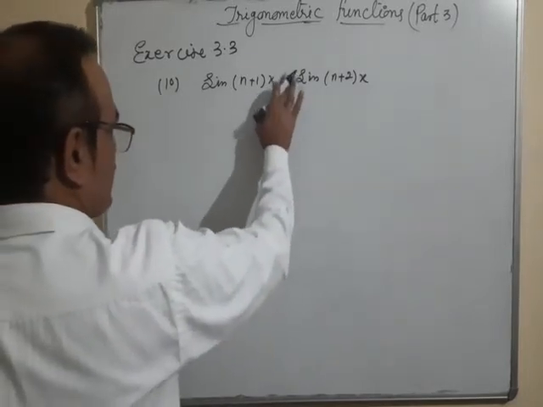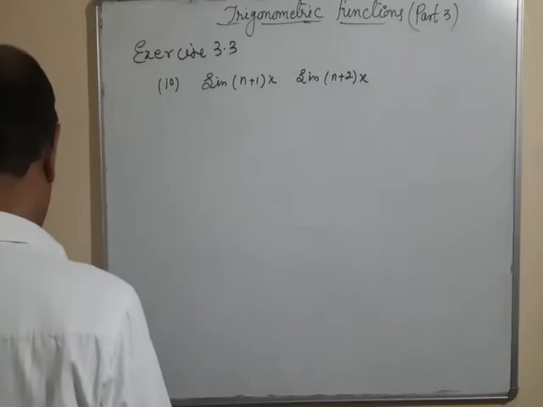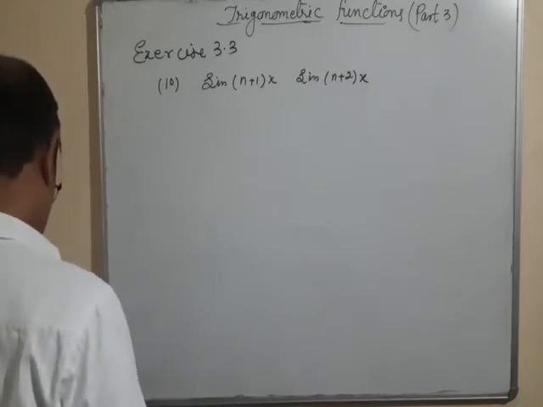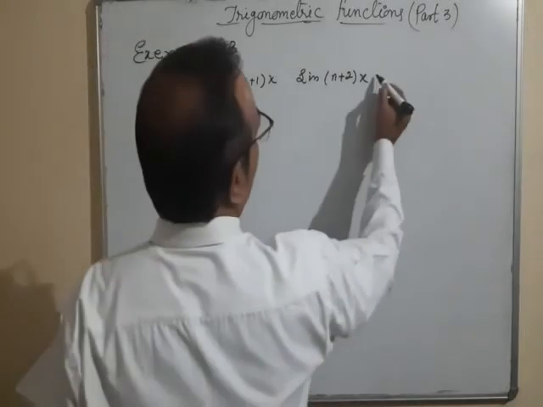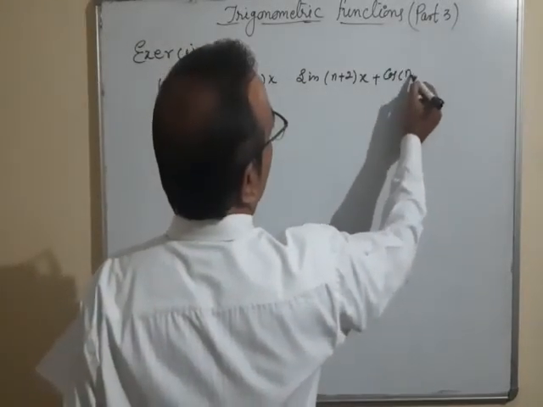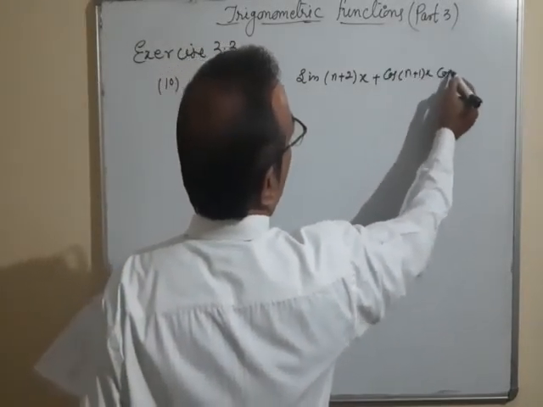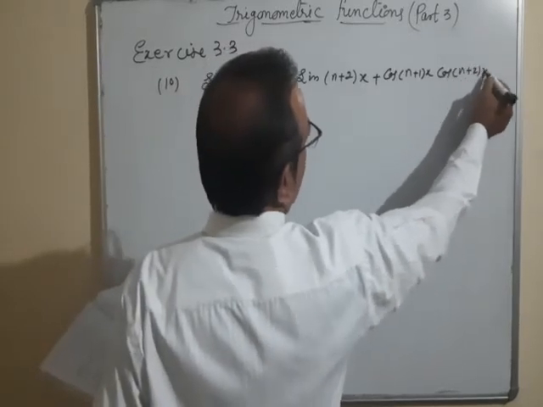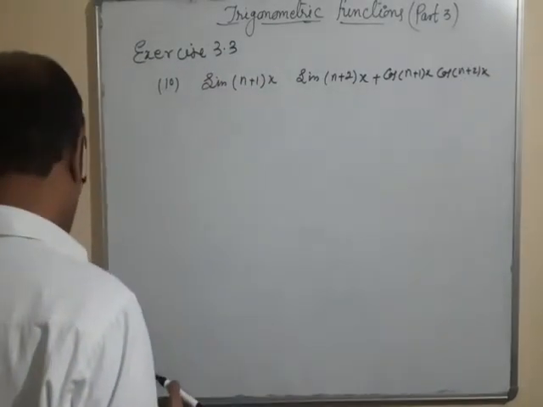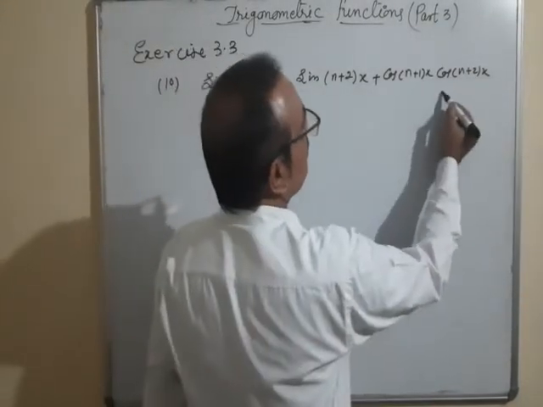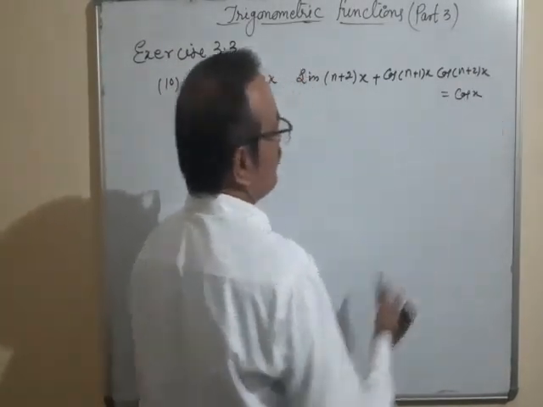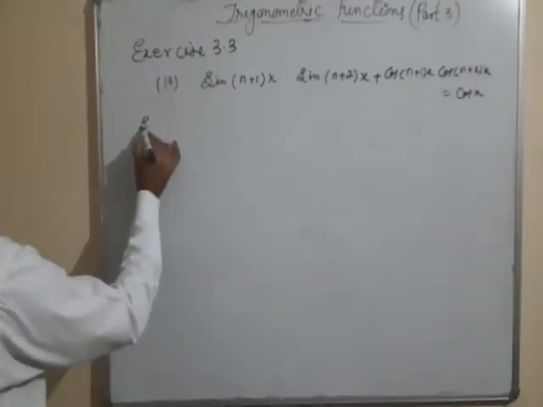This plus sign is not here, it is a multiply. Plus cos(n plus 1) into x and cos(n plus 2) into x is equal to cos x. Direct formula is this, isn't it?